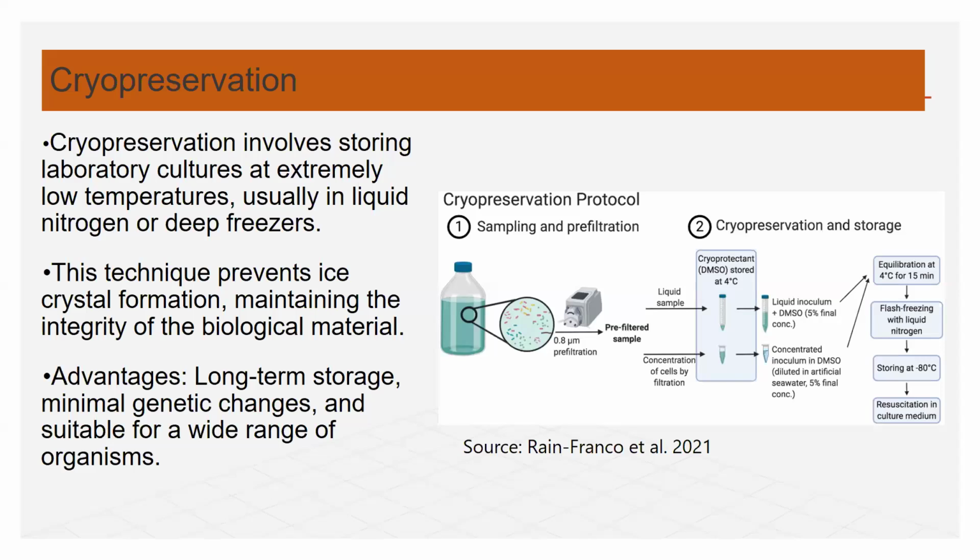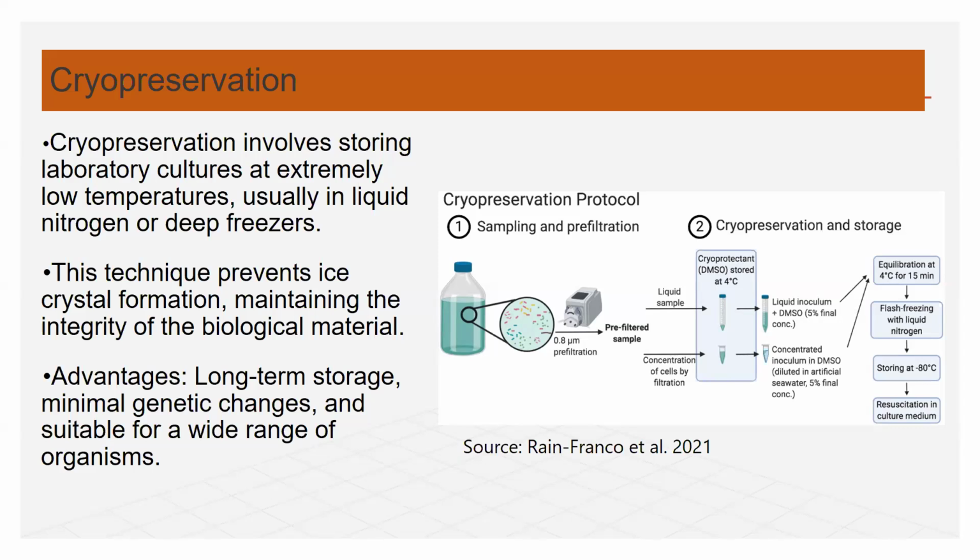First, you have to sample. You have your sample, then you filter your sample, then you apply. If you want to go for a liquid sample, you apply your liquid sample, you apply your DMSO, and then you store at 4 degrees centigrade. That is an ordinary freezer. Or you can concentrate your cells by filtering the water or the liquid portion away.